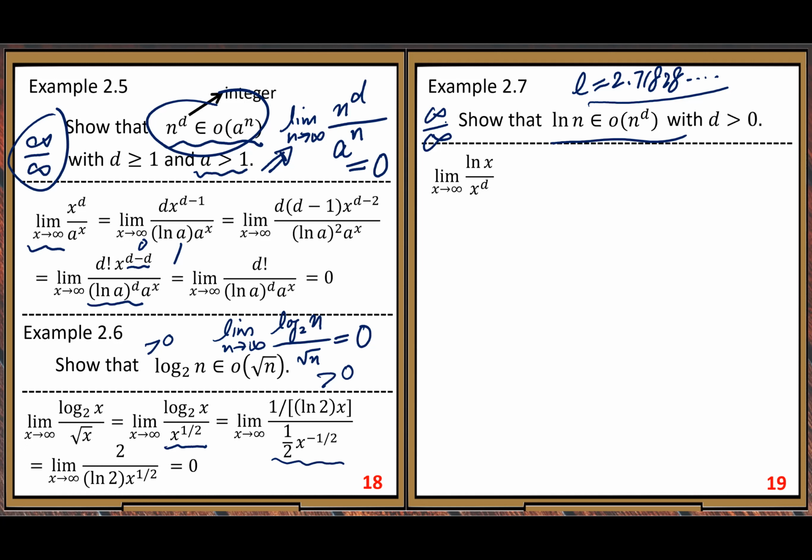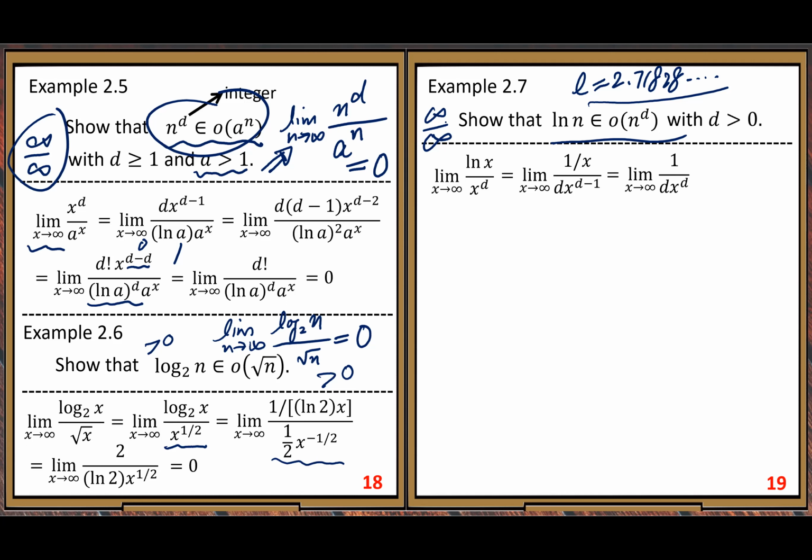Now let's take the derivative of the numerator, 1 over x. For the denominator, apply the power rule, d times x to the d minus 1 power. After that, we need to simplify.